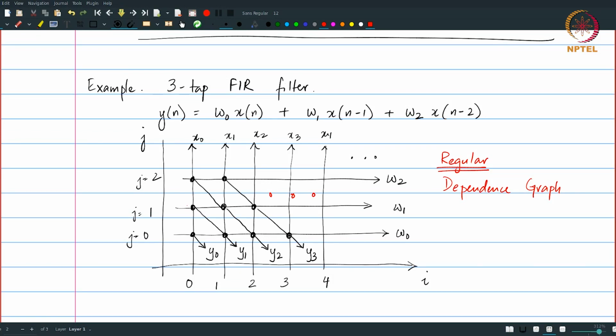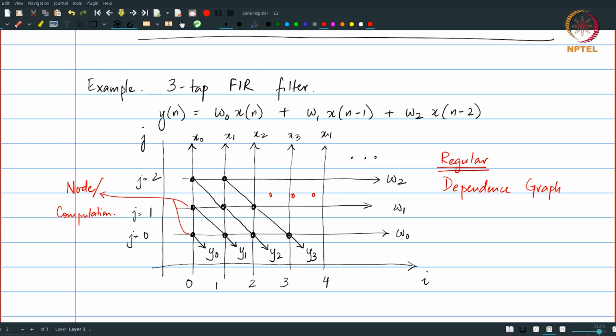So each of these points marked with a black dot, I'm going to call a node or a computation. And because all the nodes in the graph are essentially performing the same computation, in other words, over here each node takes a weight and an input and multiplies the two together and propagates that value that it has generated in a certain direction, in this case towards the bottom right.